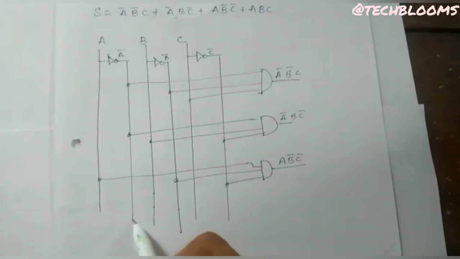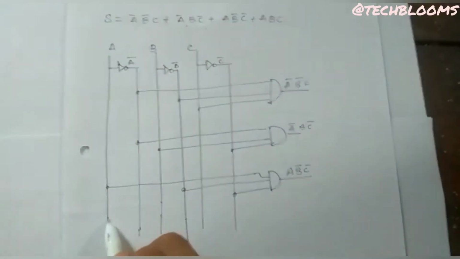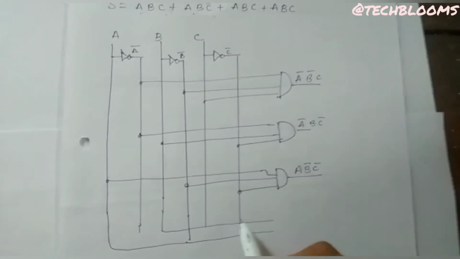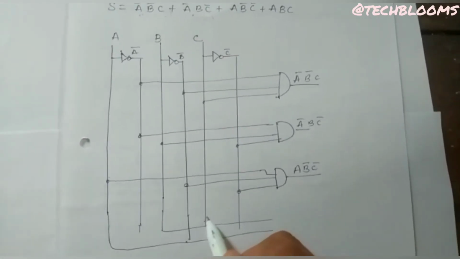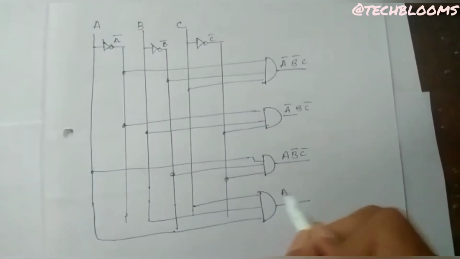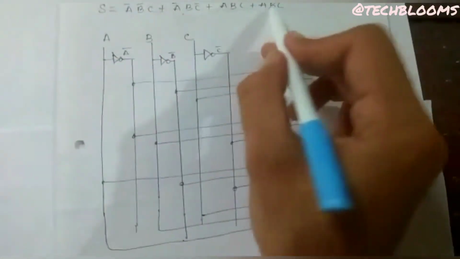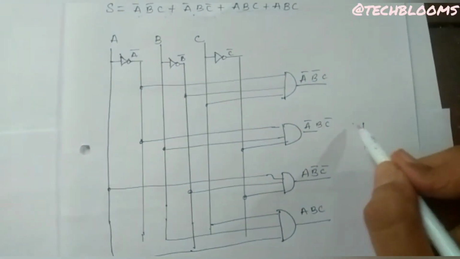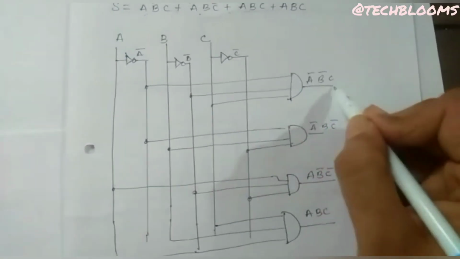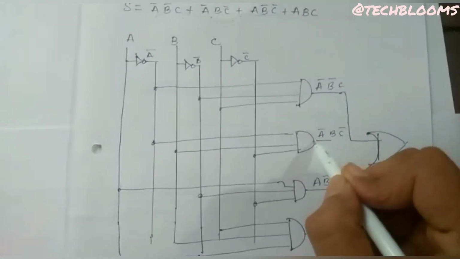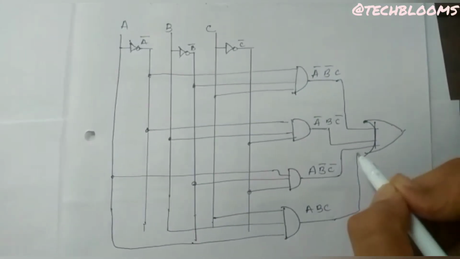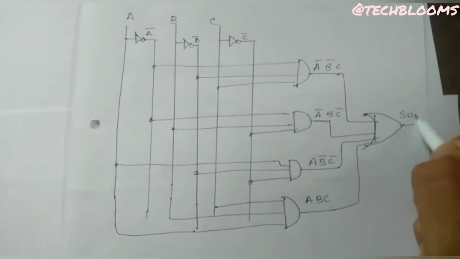The last is A, B and C, ANDed together. Since all are added, I'll use an OR gate and take the output of the AND gates. So this will be the sum.